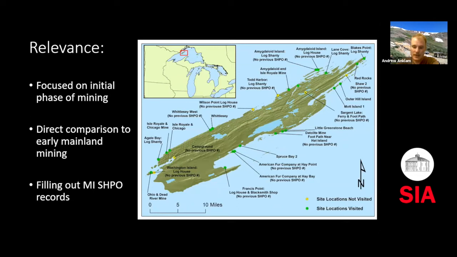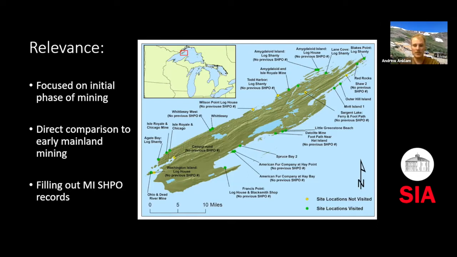This was an addition of several of these sites into the Michigan state site files by the former Michigan SHPO. Initially, this survey was targeted to verify and define the spatial boundaries of these unconfirmed SHPO sites, but it also included more sites noted in the 1847-1848 survey as they were identified while reviewing the notes.